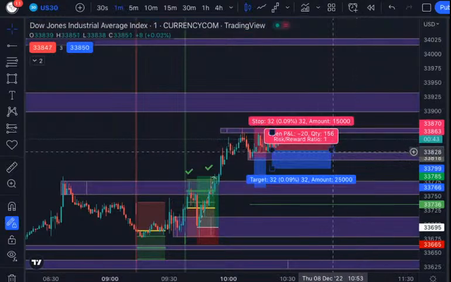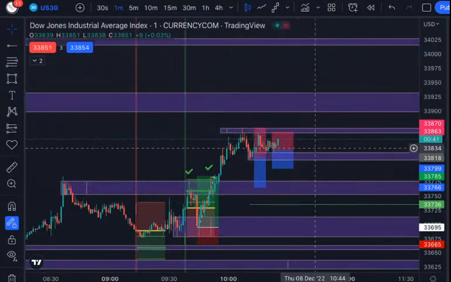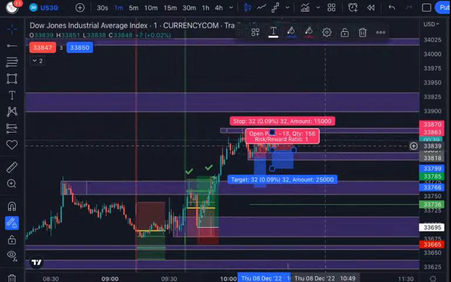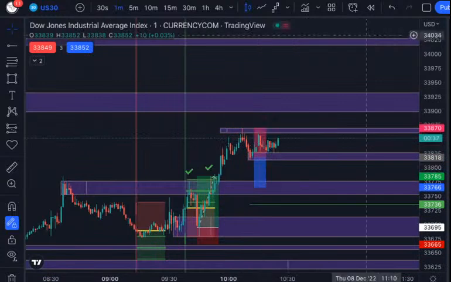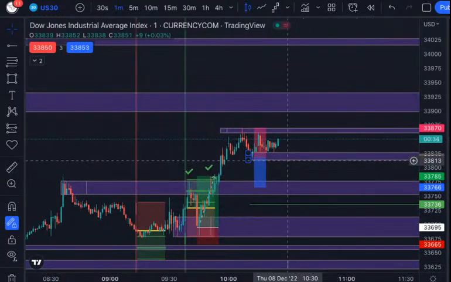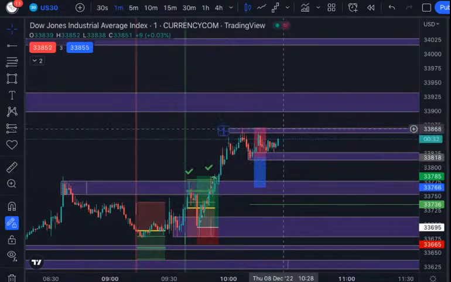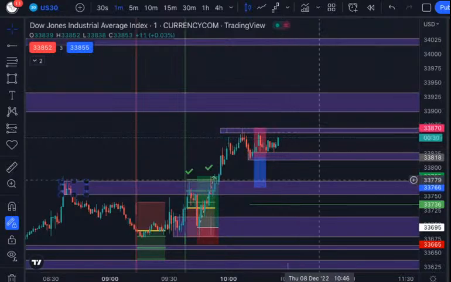It has to break below. I'm sorry, people. I shouldn't even put this up. That didn't even make sense. It has to break below to continue down, or break above to continue up. That's what we're looking for. All right.